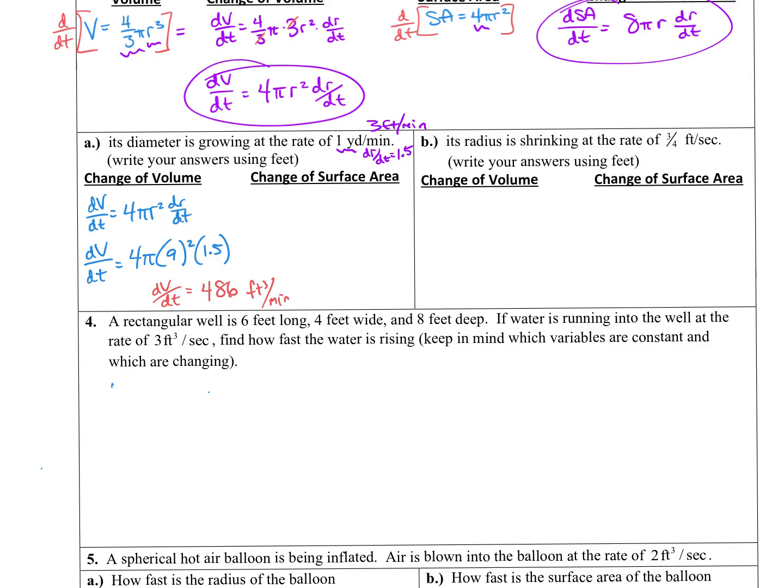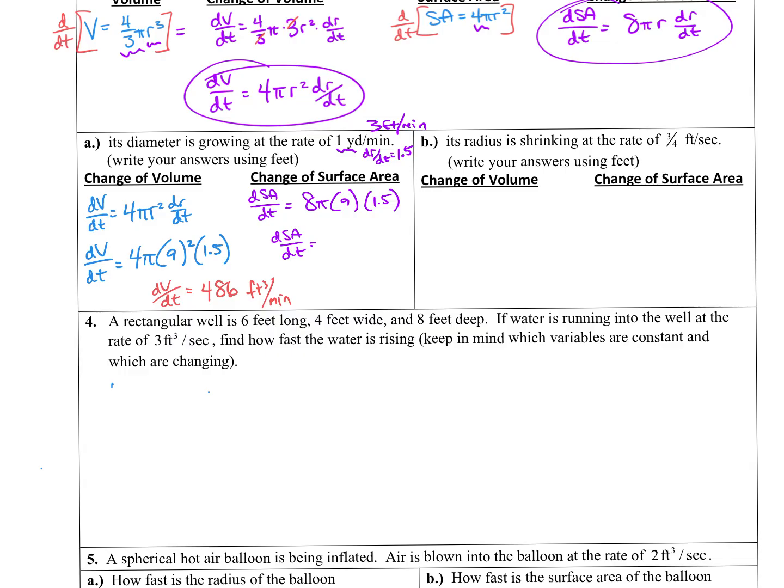Cool. Up next, we have the change of surface area. So we used that to talk about the surface area. And we said it was 8 pi. We know the radius is 9, and we know that dr/dt is 1.5. So 72 times 1.5 is, I think it's like 108.